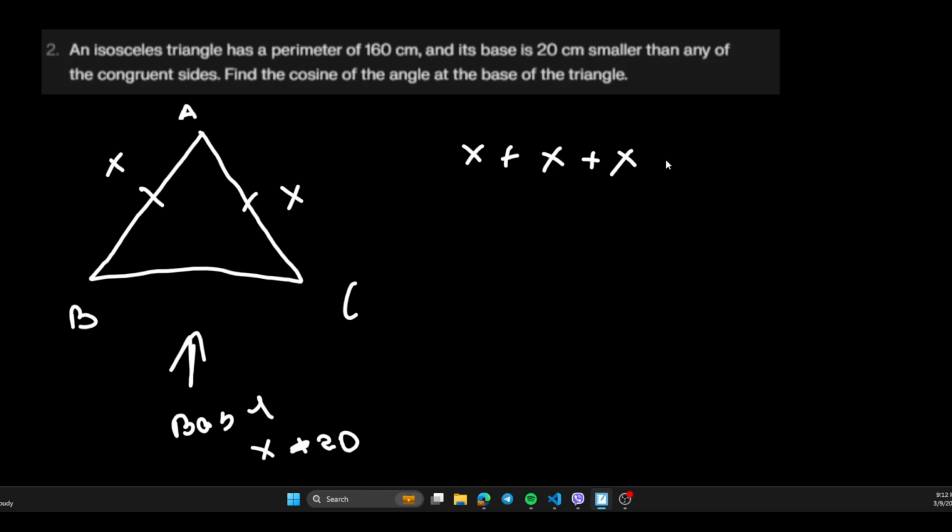It's minus because it's smaller. So x plus x plus x minus 20 equals 160. Now 3x minus 20 is 160. Just solve for x.